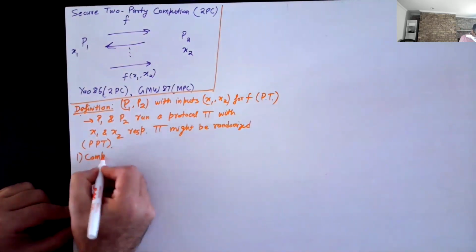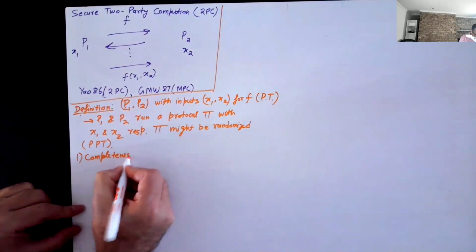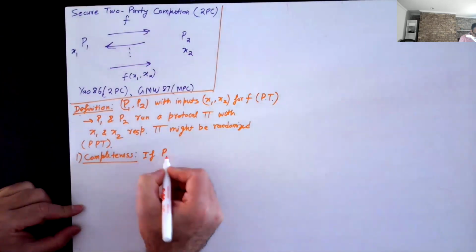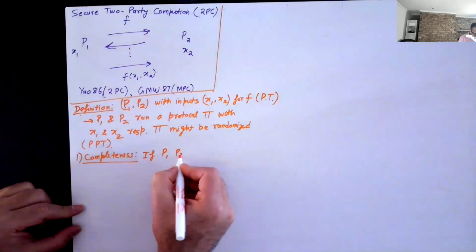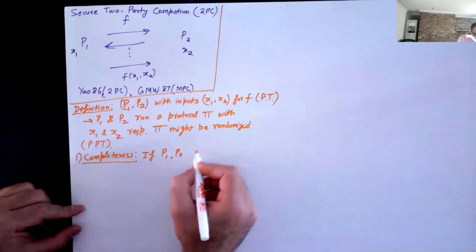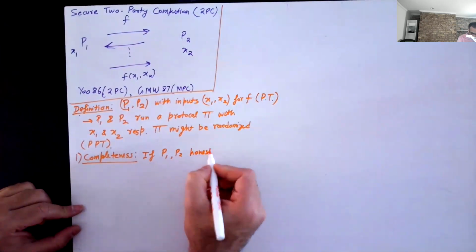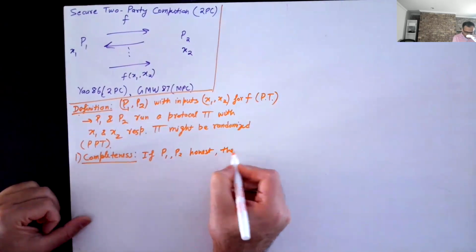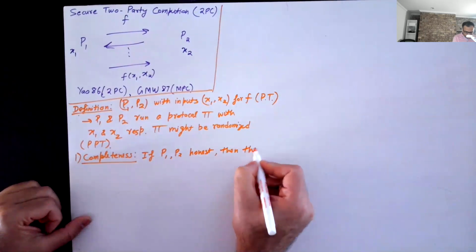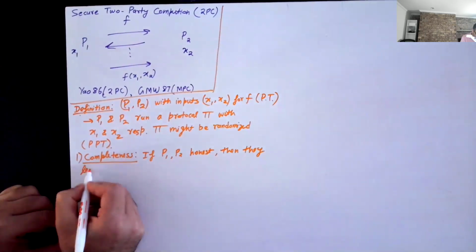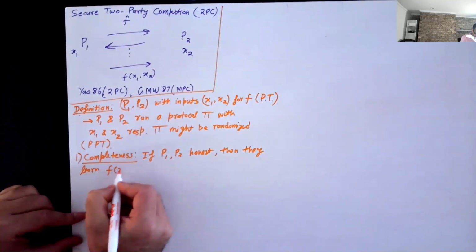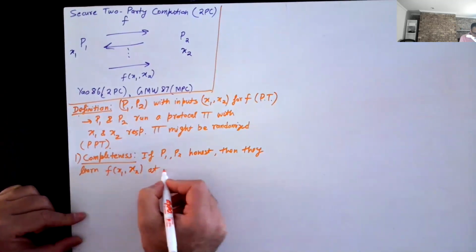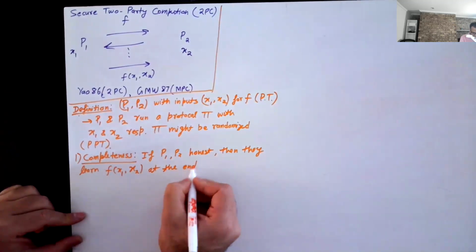Completeness requirement says that if P1 and P2 are honest, then both of them learn f of x1 comma x2 at the end of the protocol.